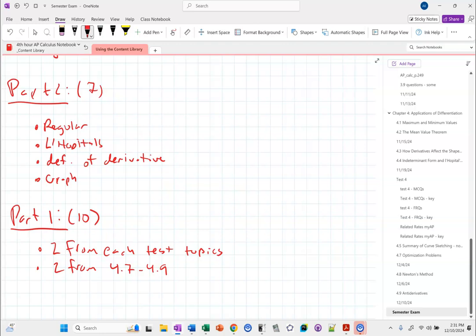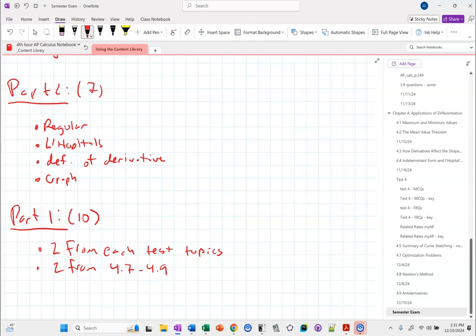And I would say local linearization. I can't remember if that was a test 2 or 3 topic. I think that's a 3. So on 3, you have local linearization. I think chain rule was actually test 3. I think test 2 was just product and quotients. You should be able to deal with derivatives of an inverse function, not the trig inverses per se, but where f of g of x is equal to x, those kinds of problems. I think we saw a bunch of those in test 3.